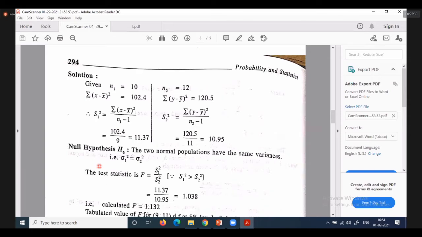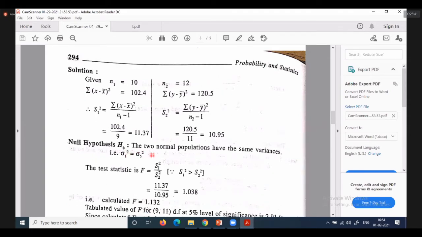Then the null hypothesis H naught is that the two normal populations have the same variance, that is sigma 1 square is equal to sigma 2 square. The test statistic depends on s1 square and s2 square. The sample variance which is greater we take in the numerator.